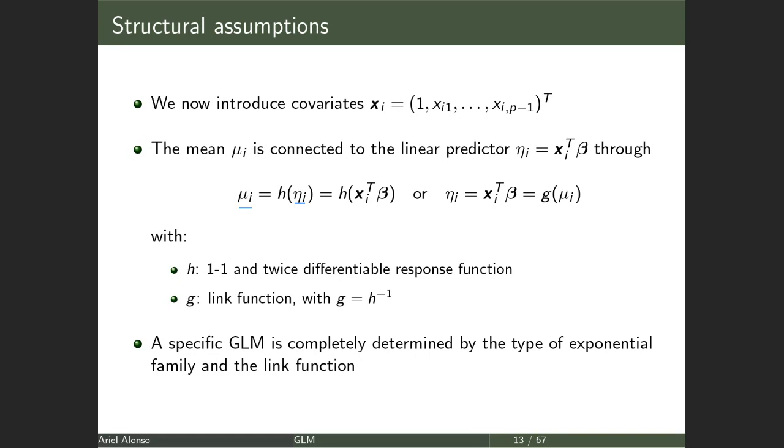Once you specify the response function or the link function, then you have the systematic part of the model. Once you select a member of the univariate exponential family distribution, you have the distribution part of the model. So you fully specify your model by giving the link function, or the response function, which is equivalent, and by selecting a member of the univariate exponential family to model the variability of y around the mean. That's it. Once you specify these two elements, you have a GLM model.